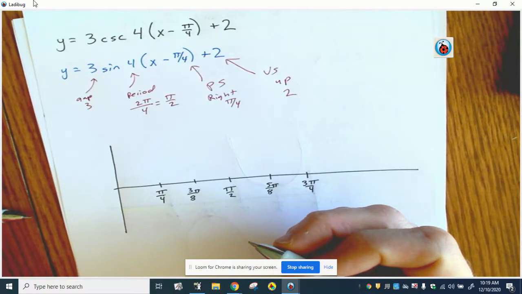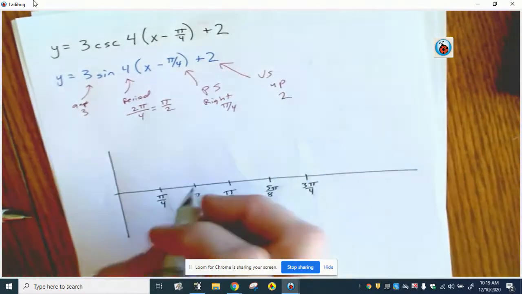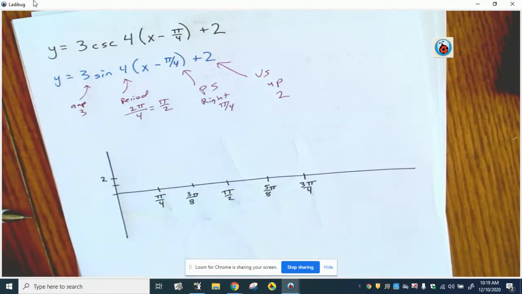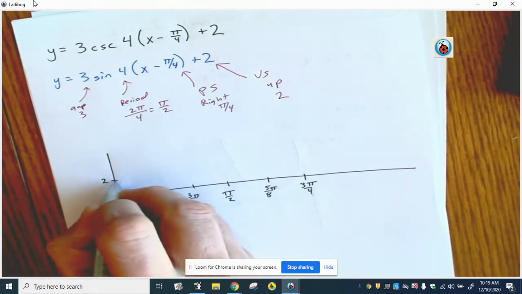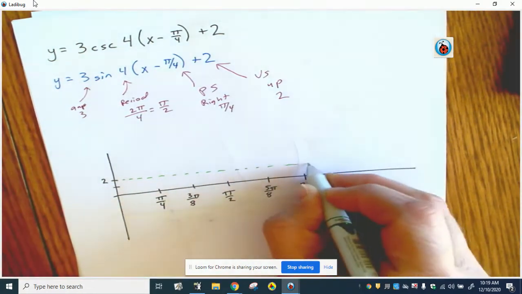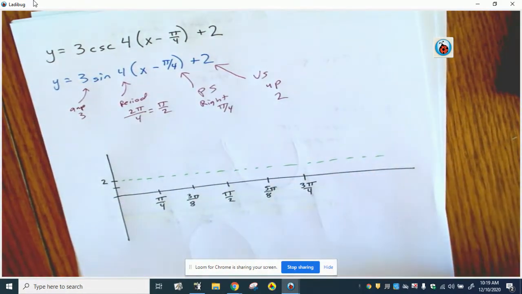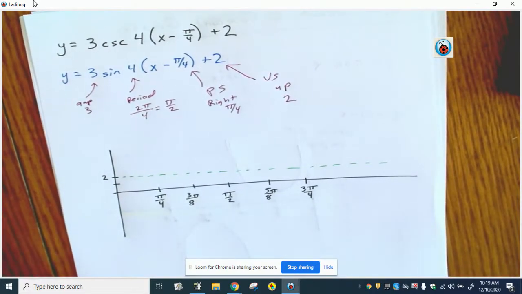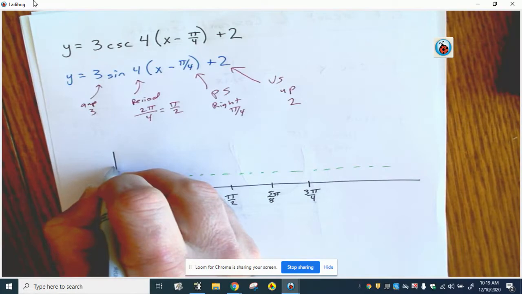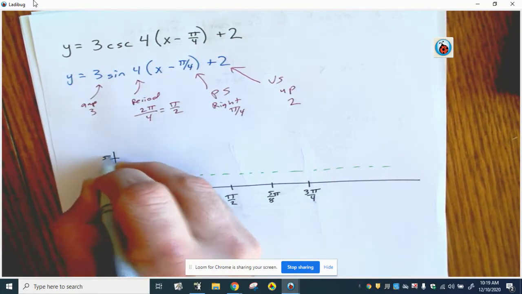Okay, I have to put my midline in, which is going to be a vertical shift of up 2. Make sure you're drawing these midlines. It's going to help you draw a much better accurate graph if you're drawing that midline in there. Okay. Now our amplitude is 3, which means from here we're going to go up 1, 2, 3, up here to 5.